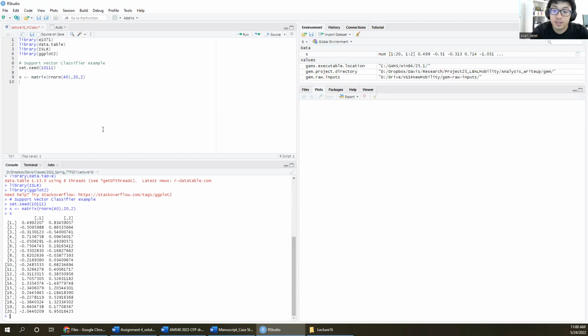And these values, even though we did this rnorm random draw, should actually be the same for everybody because of the set seed. We're going to make some y's as well.